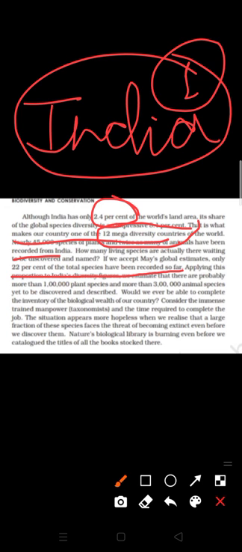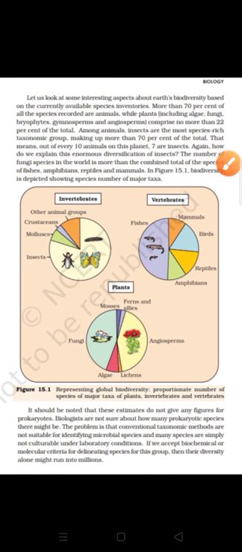So this is a little information about the number of species, especially India, because India is a megadiversity country, and different hotspots are present in India. We discussed that in our previous class. I hope the diagram given in NCERT is clear. If you have any problem, please send your question to me.